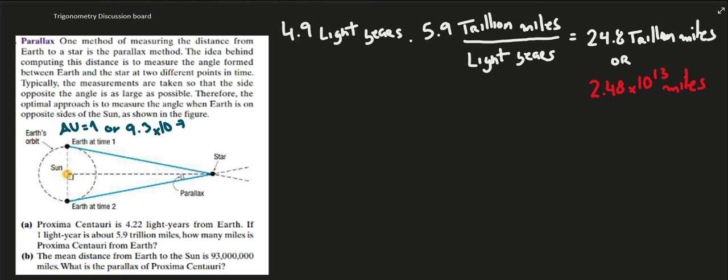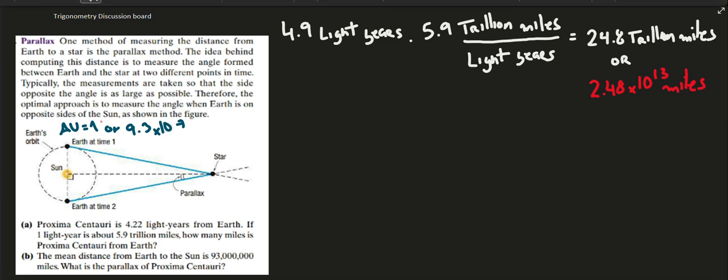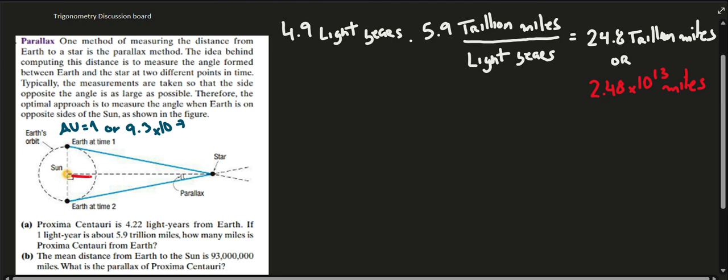And then to convert to miles we have to multiply by 1 million again. So we get a result of 2.48 times 10 to the 13th power. That will correspond to this line.